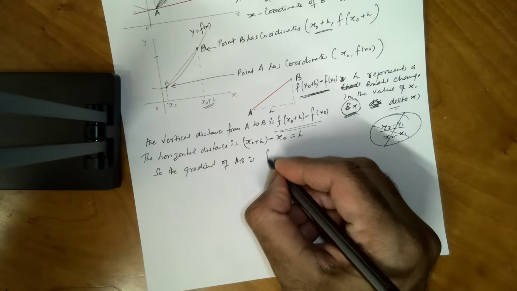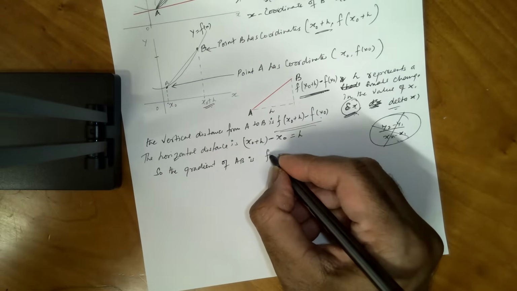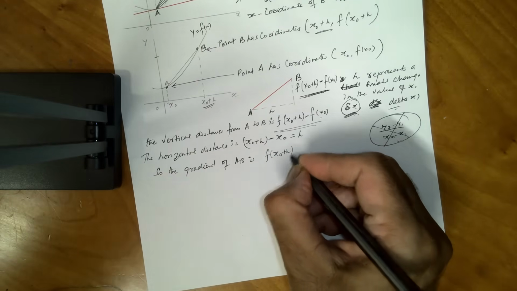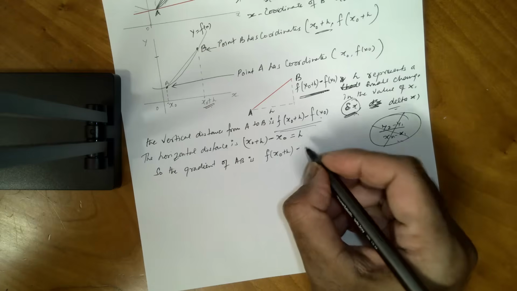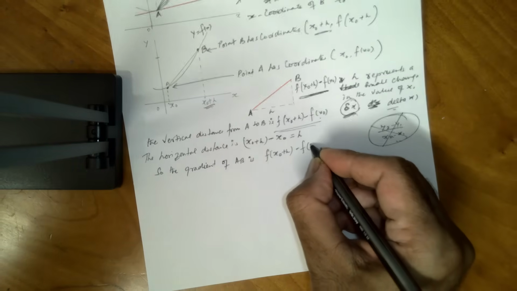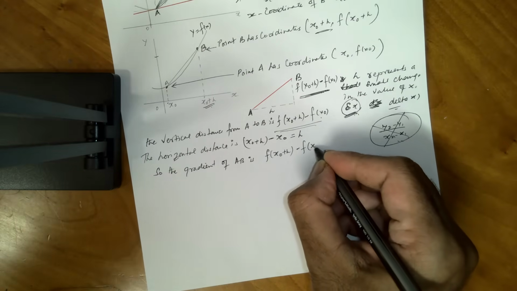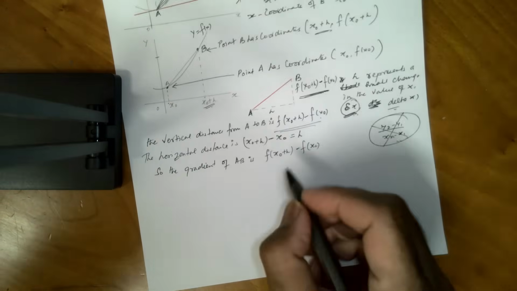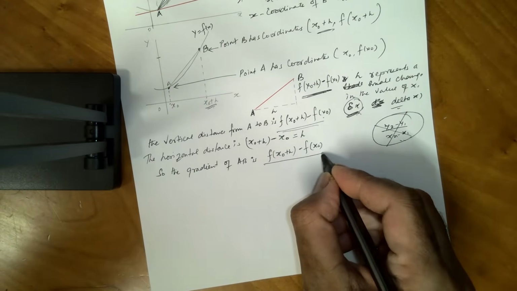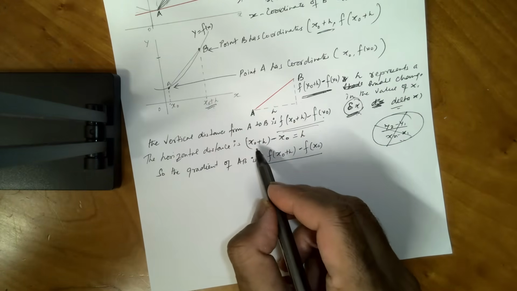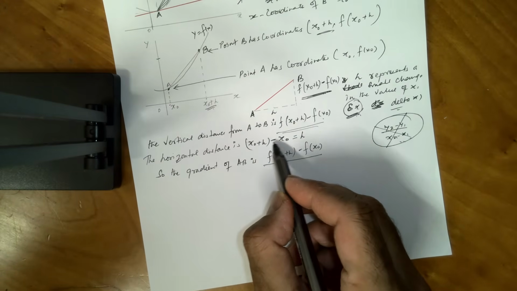So that would be your f(x0 + h) minus, see, from here we already have that, right? Then we already did this one here, the horizontal distance x0 + h minus x0.